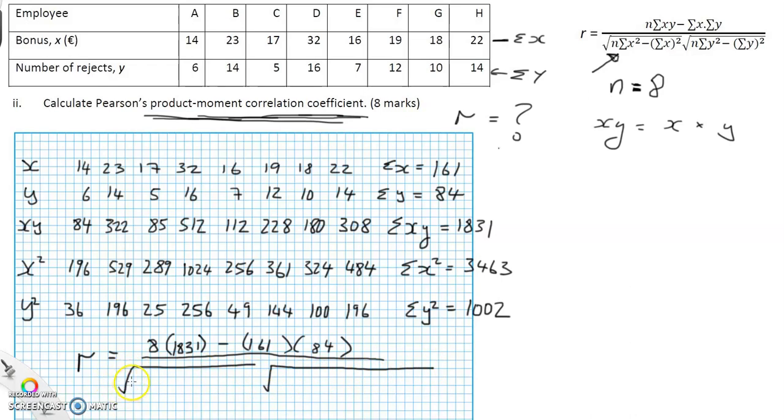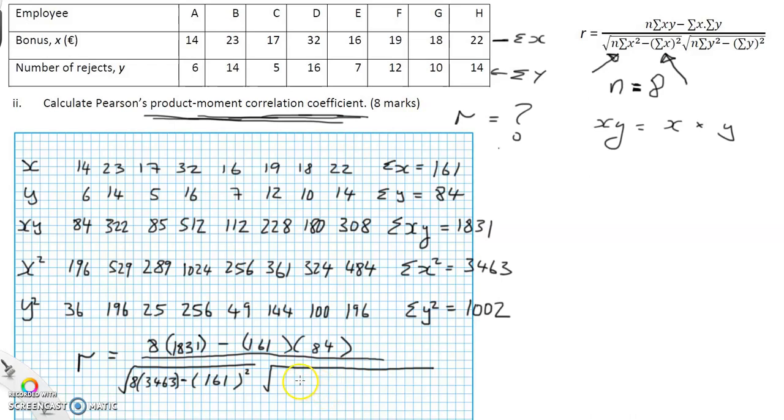In here we're going to have 8 times the summation of the x squared values, 3463, minus something squared, right? And the something squared there, you see it, is the summation of the x, which is 161. So 161 goes there.